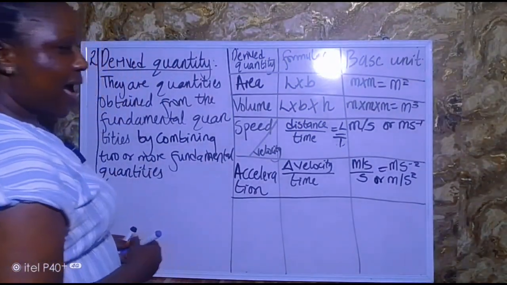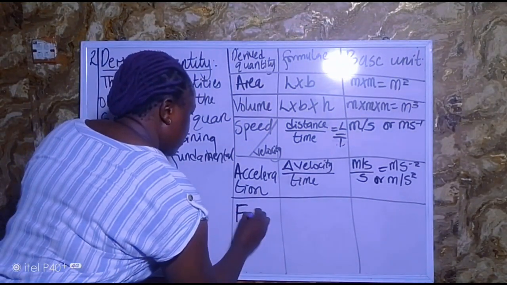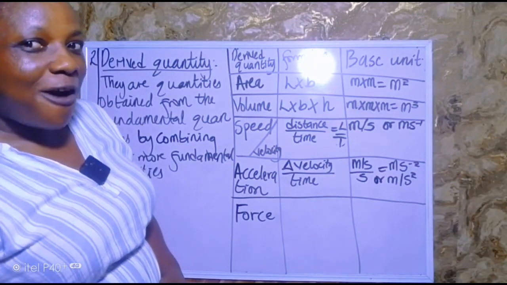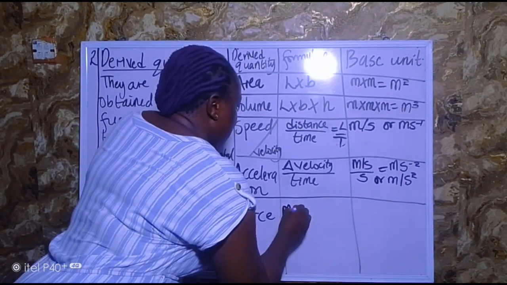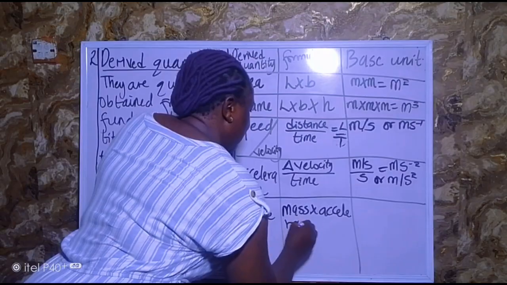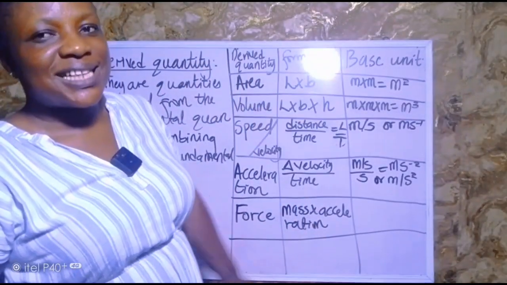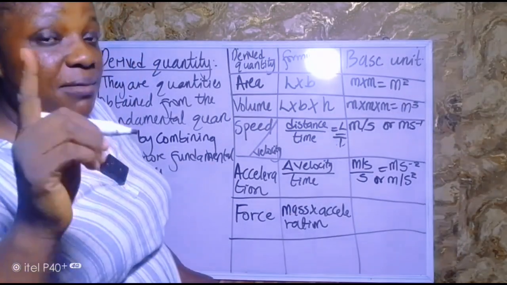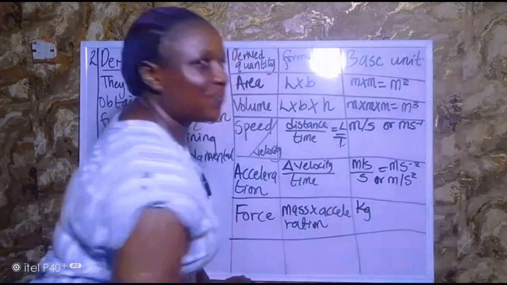Okay, now we have another one called force. So how do we define force? Force is mass times acceleration. And what do we use to measure mass? If you can remember our fundamental unit, mass is measured in kilograms.